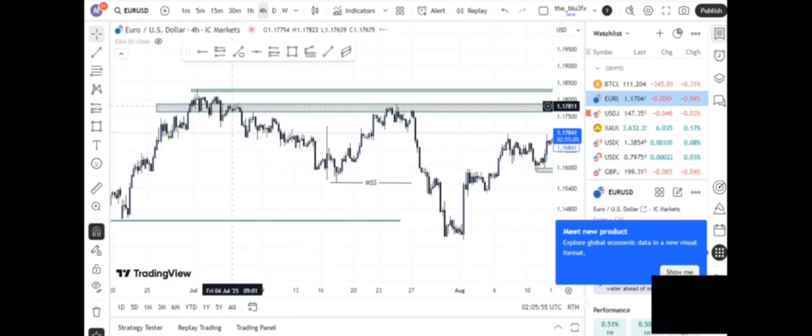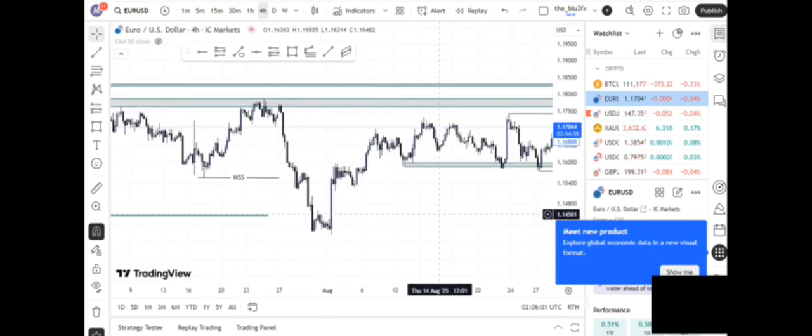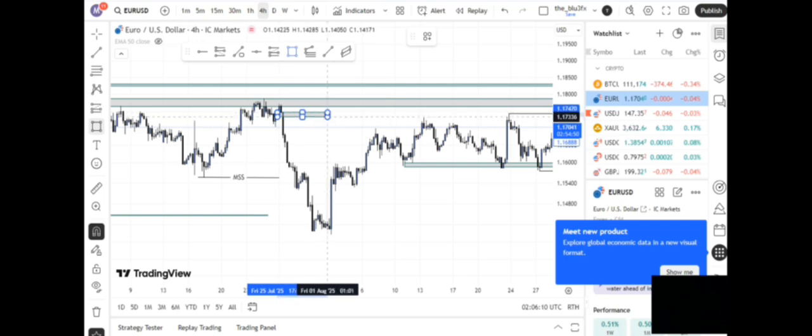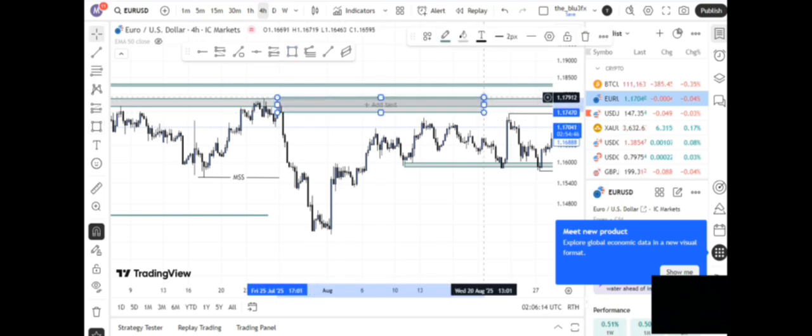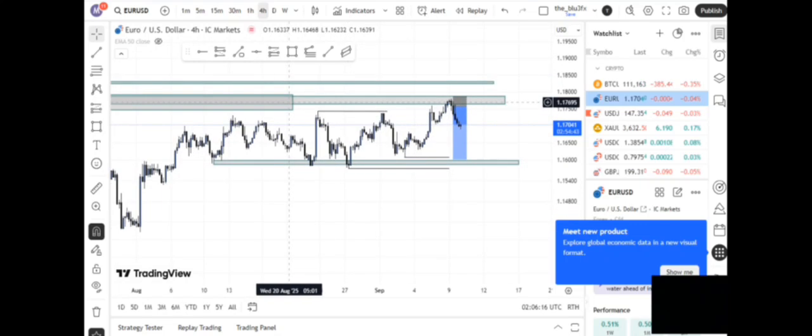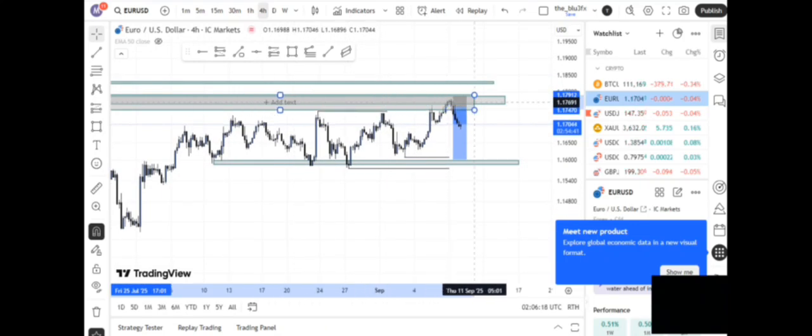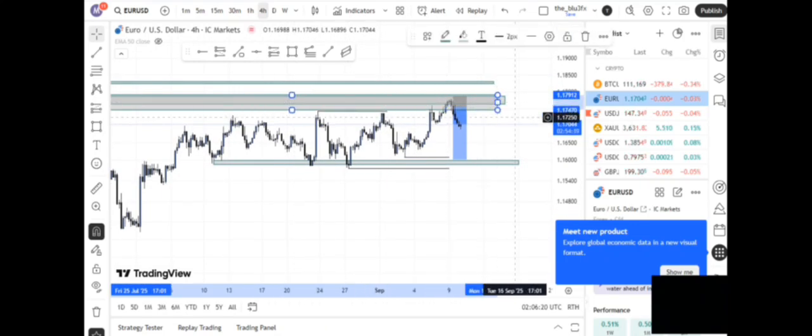This is a very powerful resistance, and there you have your order block or your supply region. This whole zone is my supply zone.